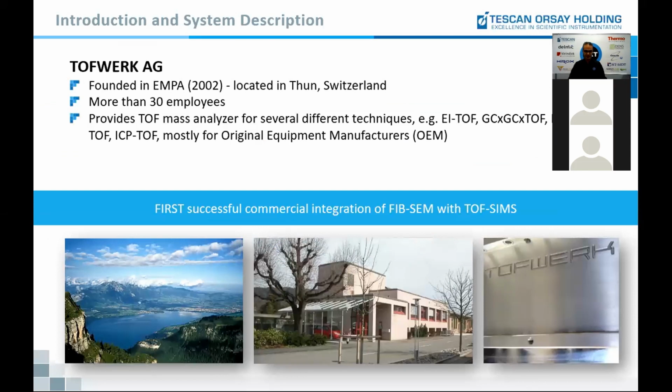Okay. So just a few points about the hardware. As Will mentioned, the ToF-SIMS detector comes from a Swiss company called ToFWork. TESCAN started working with them around 8 years ago, and it took them a good 2 years to do the integration well and get good software running on the system to make this a reliable and useful system.